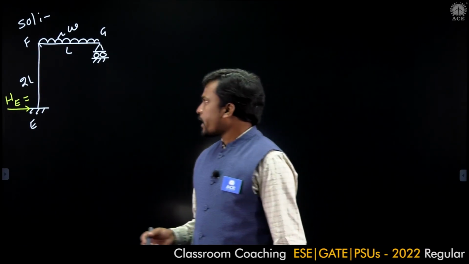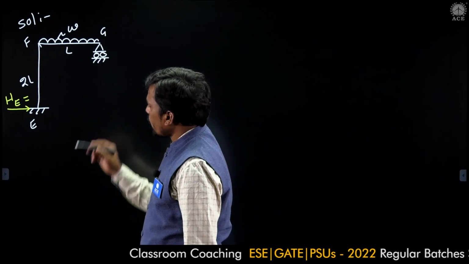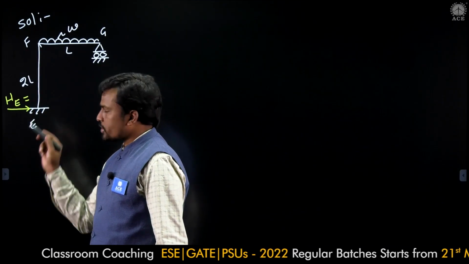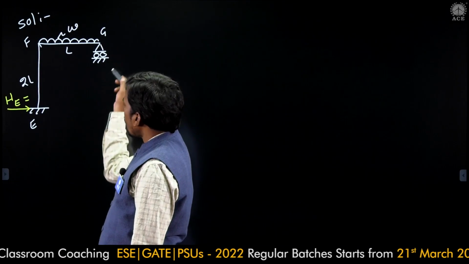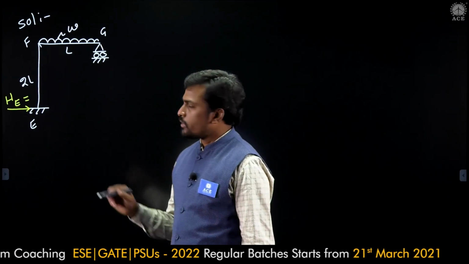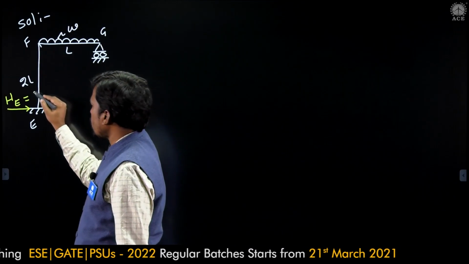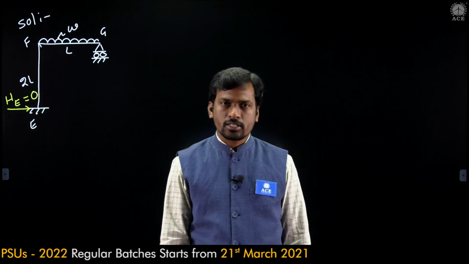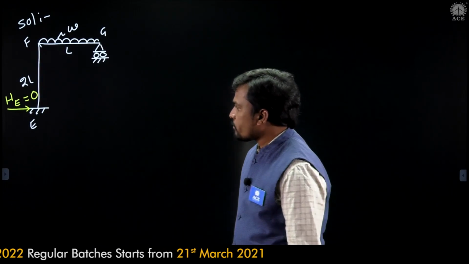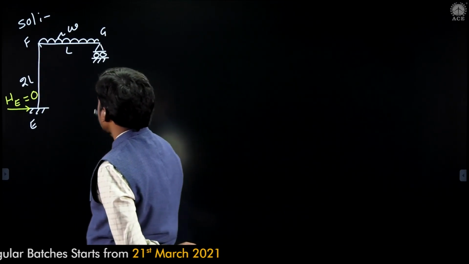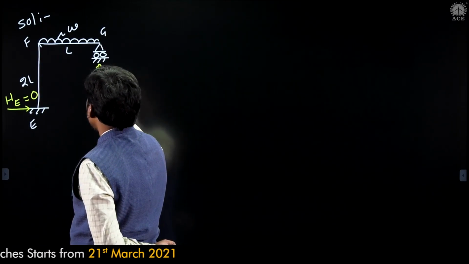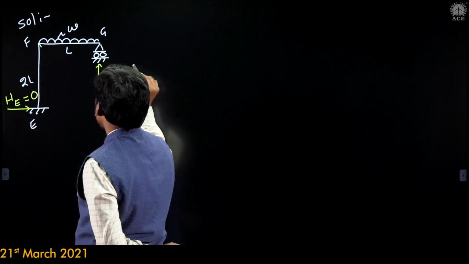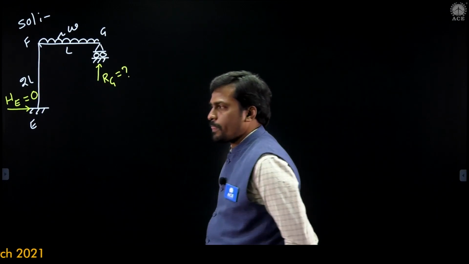In this diagram, the right moving force is only HE. There are no left moving forces. Then HE equals 0. So the horizontal reaction equals 0, and the only thing left is to find the vertical reaction at support G.